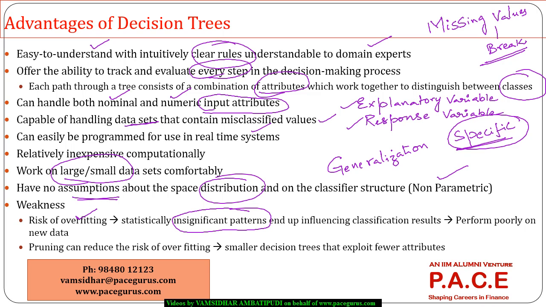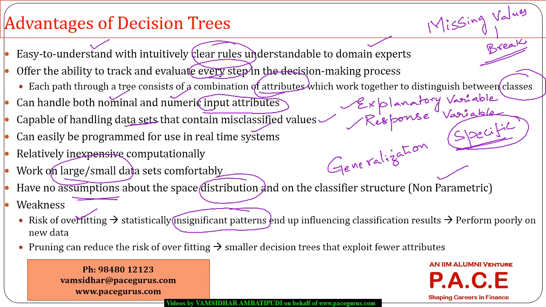But let's say there was one person who has defaulted. Now the model will try to read those specifics about that person, and whenever a similar person comes up in the future, it will give me a result that he will default. Whereas in reality, in 99% of the cases, such people may not default at all.